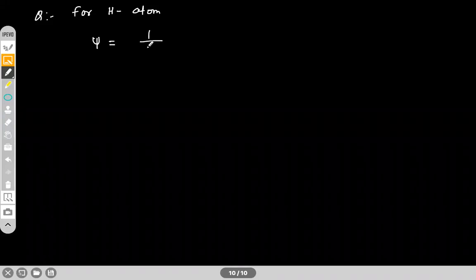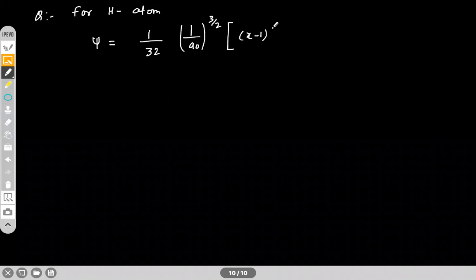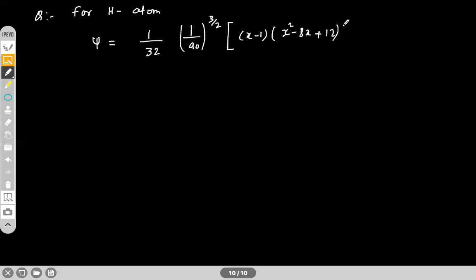Psi is equal to 1 by 32, 1 by a naught to the power 3 by 2, open bracket, x minus 1, x square minus 8x plus 12, e to the power minus x by 2.